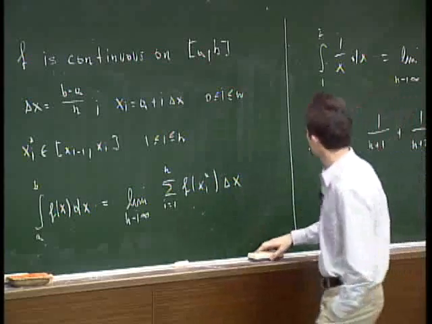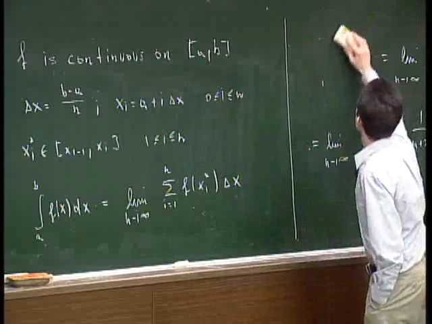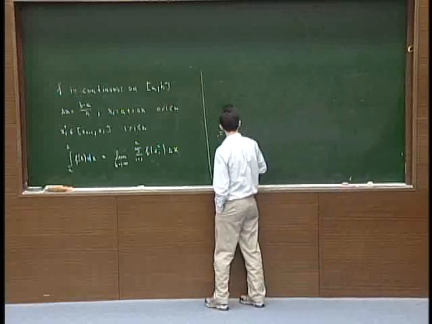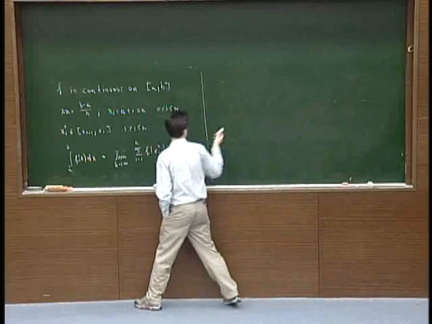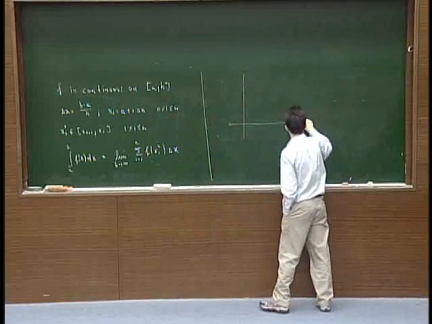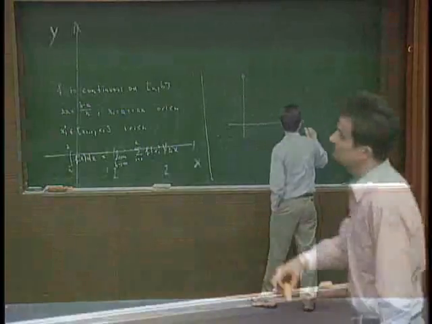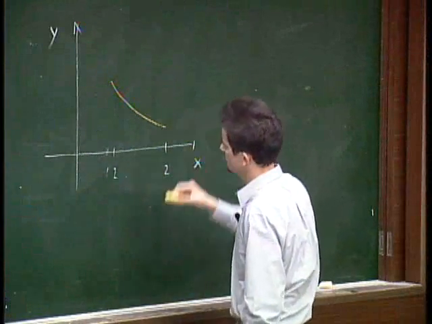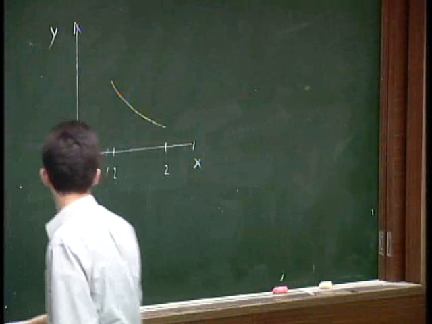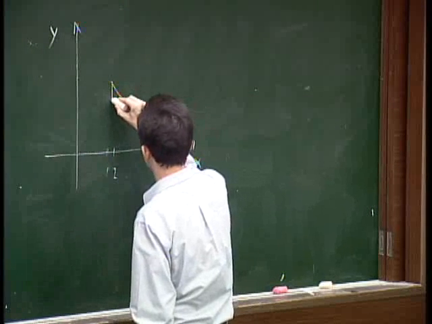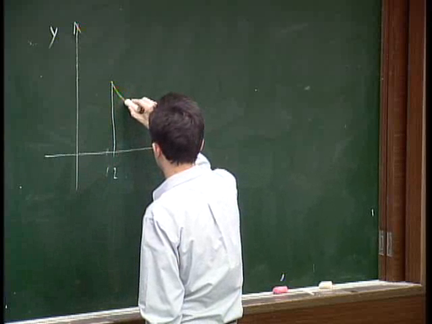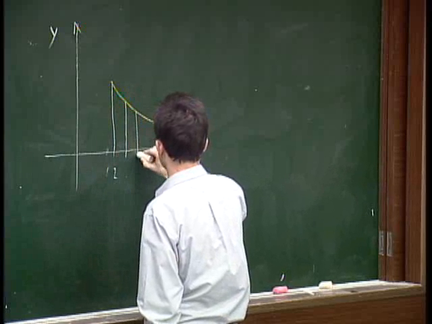Now, let's maybe look at this problem using this example here. What we do is we divide the interval into subintervals, for instance like this.